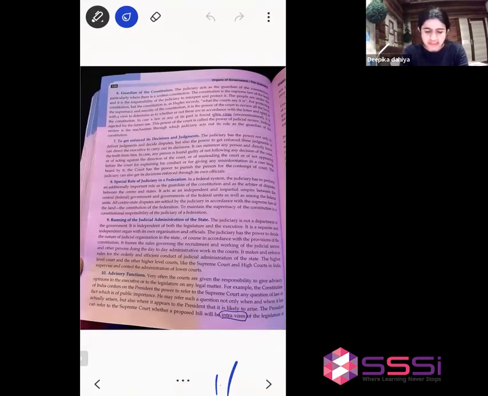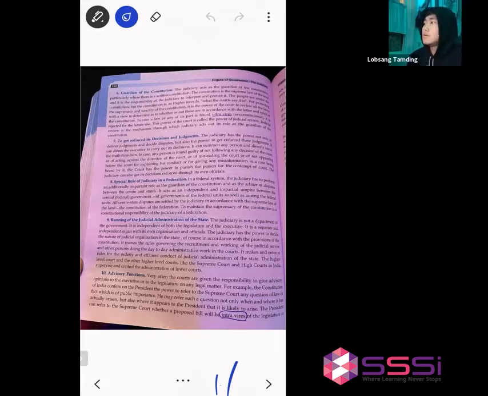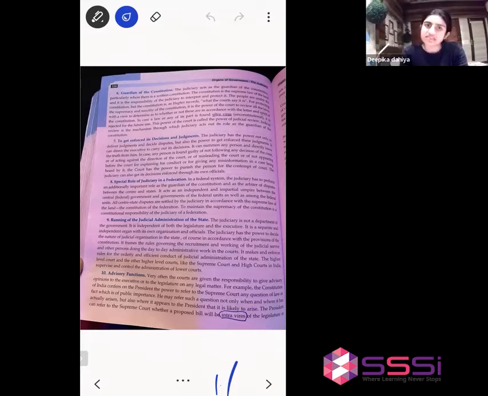Now, do you think the importance of the judiciary is even more vital in the case of a federation than in the case of a unitary setup?